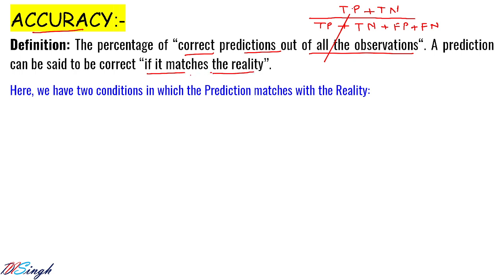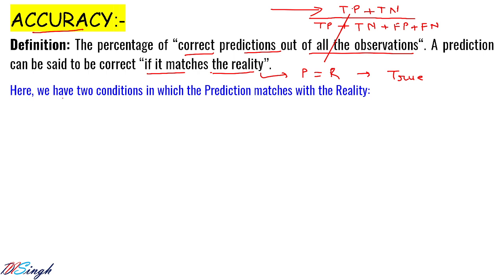So it is another way of saying that your prediction is equal to reality. In these cases only, what will you have? T as the first word. So that's why in the numerator you will have all the cases where you have true as the first word: true positive plus true negative, and in the denominator you have all the observations.